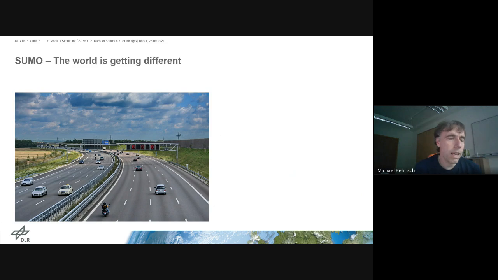So, I just gave a very short overview of what SUMO does. The point where I also called this talk future mobility simulation is, people driving on the highway, this picture we see here, is not so hard to model, and it's hard enough.